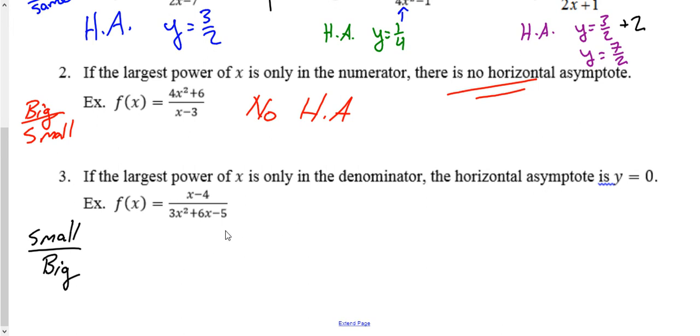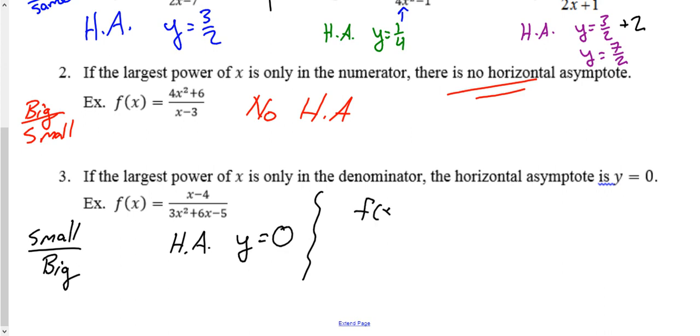Your horizontal asymptote is always going to be at y equals 0, because the degree in your denominator is bigger than the degree in your numerator.